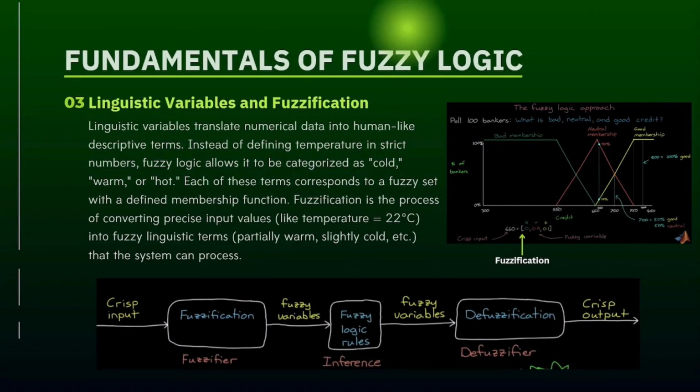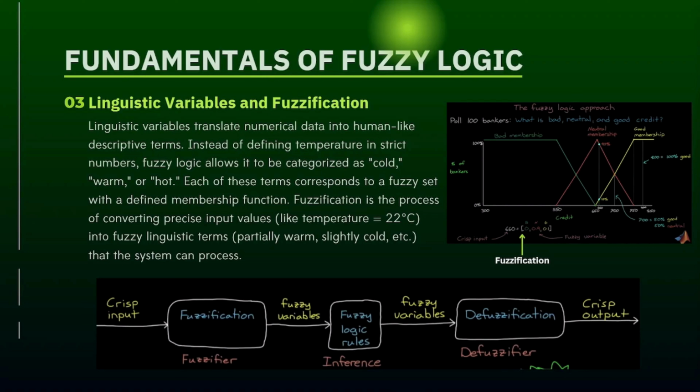Fuzzification is the process of converting precise input values like temperature, 22 degrees Celsius, into fuzzy linguistic terms, partially warm, slightly hot, etc. That's how the system processes the fuzzy variable.